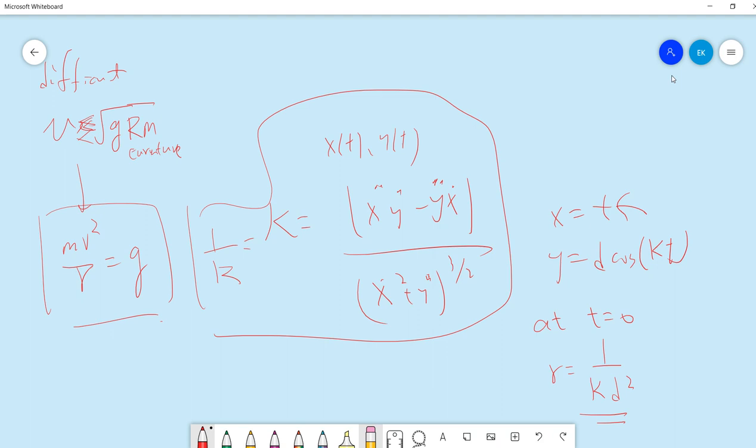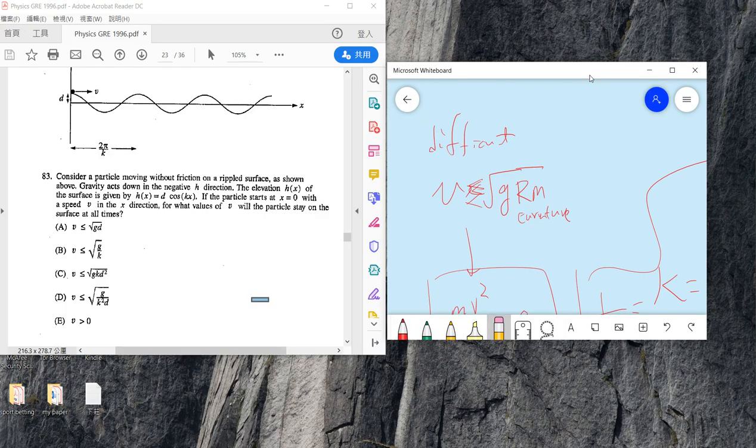Okay, but if you don't remember this formula of the curvature of the planar curve, then you can still get the answer, right? Okay, so you need to have a feeling.